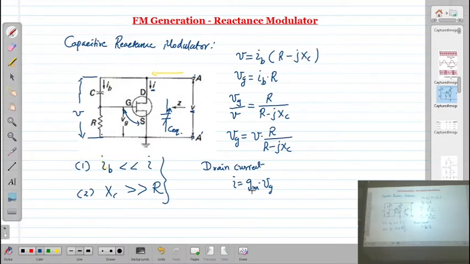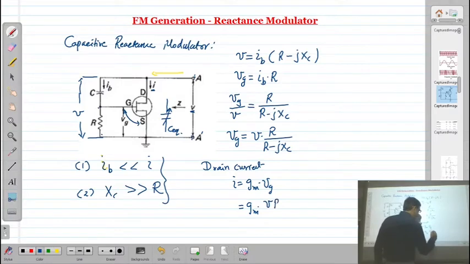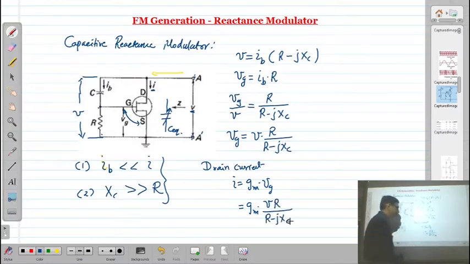And what is Vg? It is V into R divided by R minus jXC. So I is equal to Gm into V into R divided by R minus jXC. Now we will calculate the impedance Z between the points A and A dash.